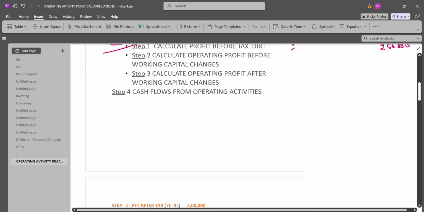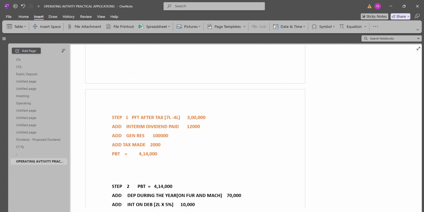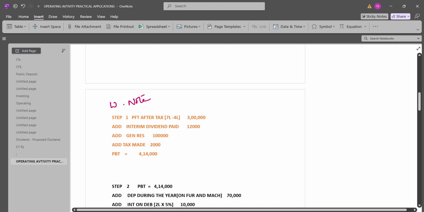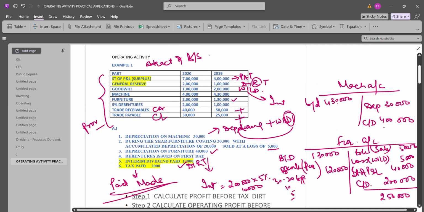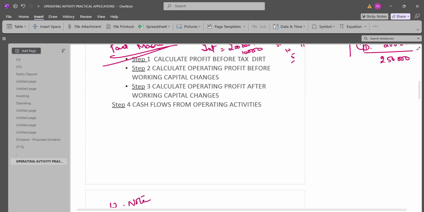Now we will use the information from here in these 4 steps. First of all, in the working note, we do step 1. We have profit after tax, which I showed you here. Let's get back to the question. This amount for me, profit after tax is given.